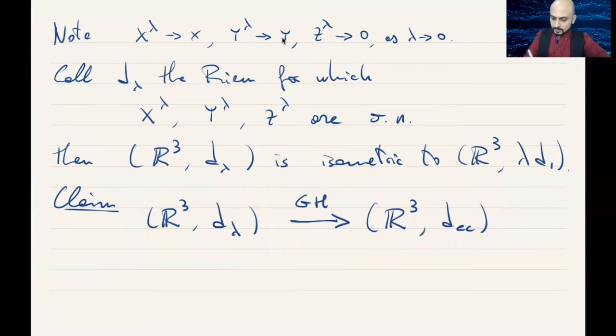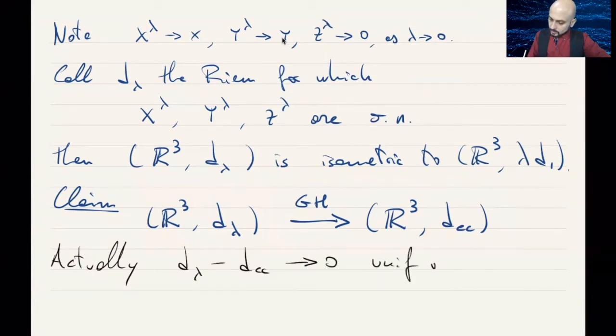Okay, so actually d lambda minus dcc goes to 0 uniformly on compact sets of R3. So let's prove it.